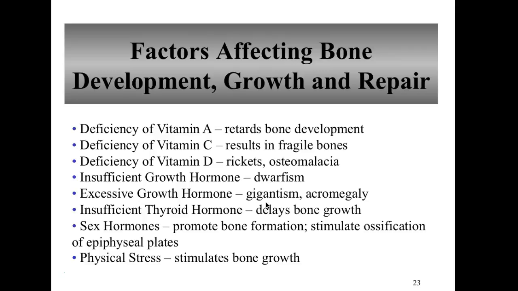And look at those two prefixes. Hypo means below, so you're going below the average secretion levels, and hyper is you're going above the average secretion levels of HGH. Hypersecretion in adulthood results in acromegaly. These disorders are discussed in greater detail within chapter 13 when we get there.